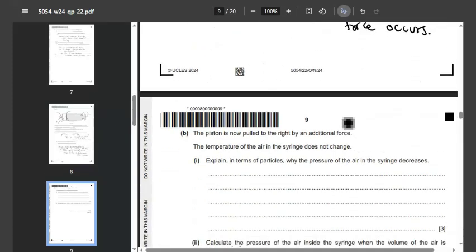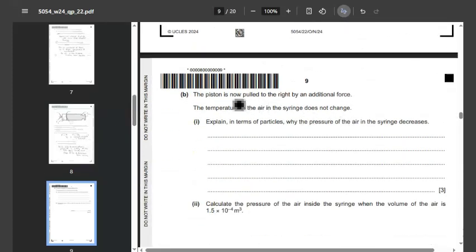Question B. The piston is now pulled to the right by an additional force. The temperature of the air in the syringe does not change. Roman 1. Explain in terms of particles why the pressure of the air in the syringe decreases. So now the piston is moved to the right and the temperature remains constant. We have to explain why the pressure will decrease inside the syringe.